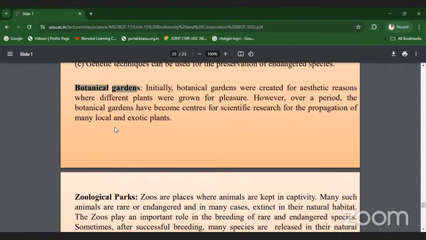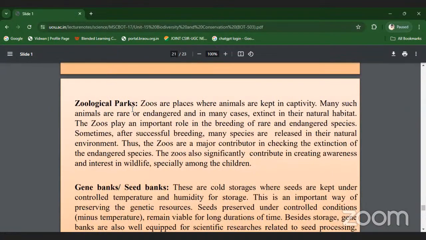First, botanical gardens. Initially, botanical gardens were created as aesthetic regions where different plants were grown for pleasure. However, over time botanical gardens have become centers for scientific research and for propagation of many local and exotic plants. Zoological parks, or zoos, are places where animals are kept in captivity. Many such animals are rare or endangered, and in many cases extinct in their natural habitat.